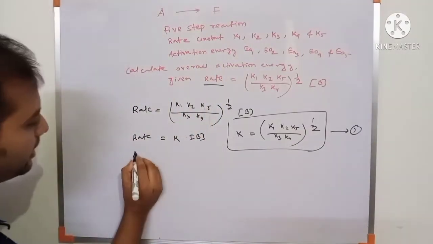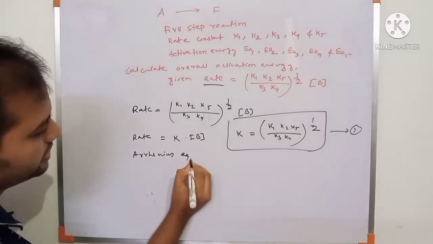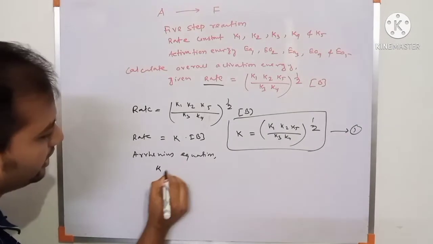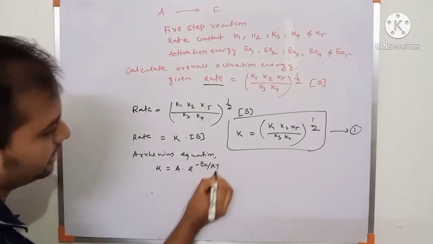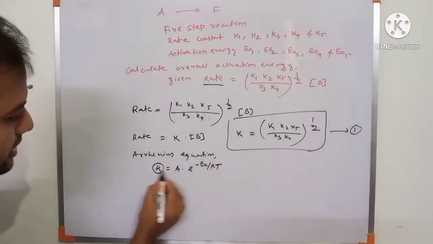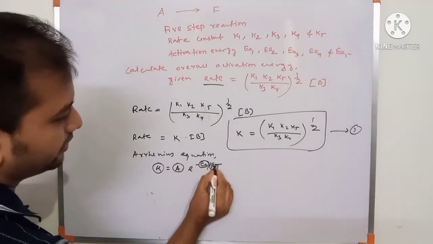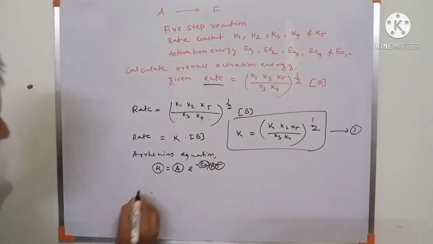We know the Arrhenius equation: K equal to A into e to the power minus Ea by RT. This is the rate constant, this is the pre-exponential factor, this is the activation energy, R equal to the universal gas constant and T equal to absolute temperature.